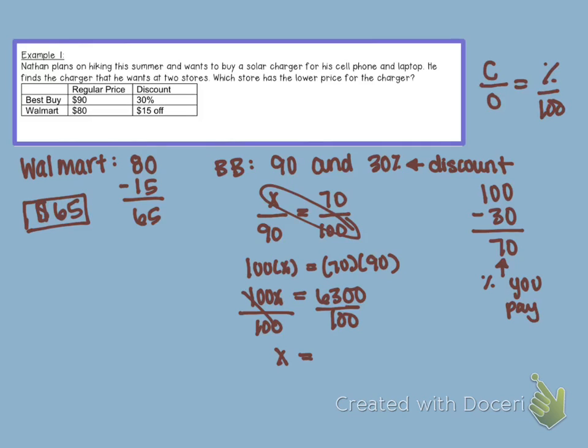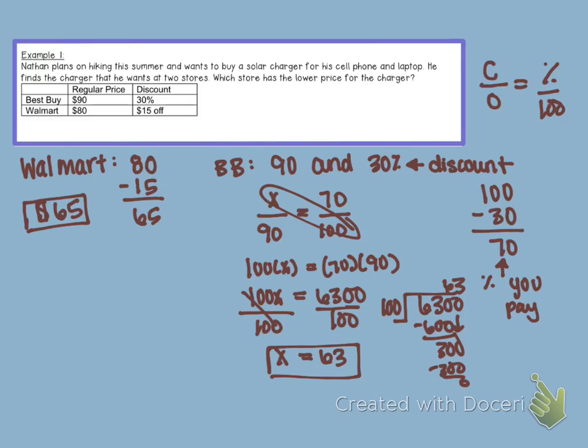And x equals 6,300 divided by 100, which goes in 6 times. 30 left over, which goes in 3 times exactly, and that is 63. So that means that Best Buy's is $63 after the discount.